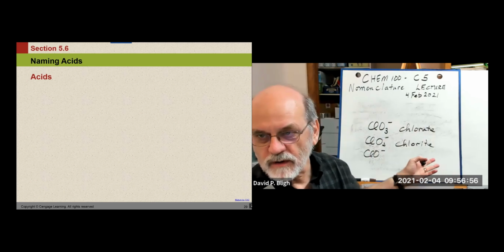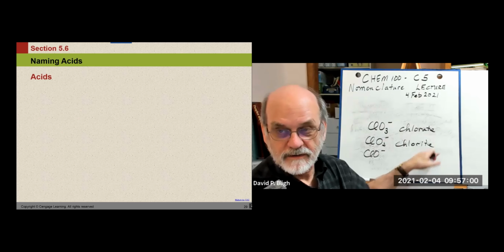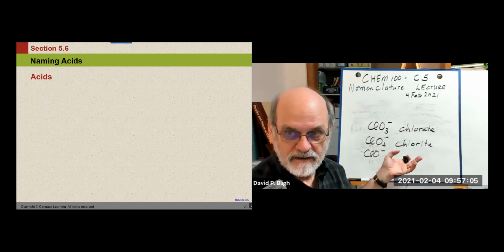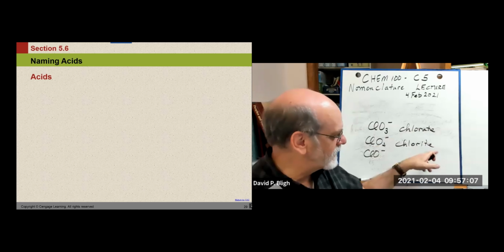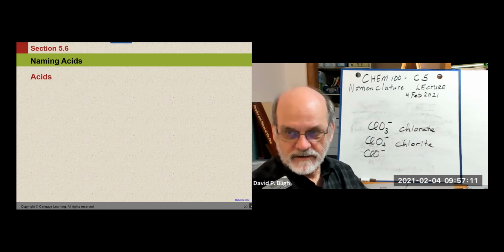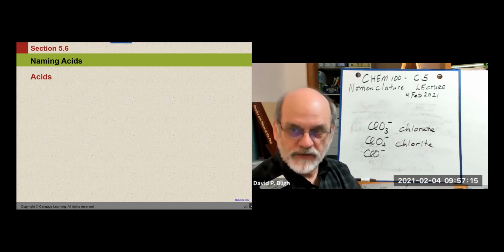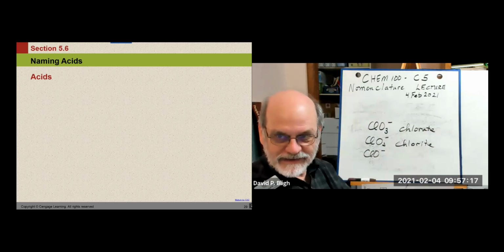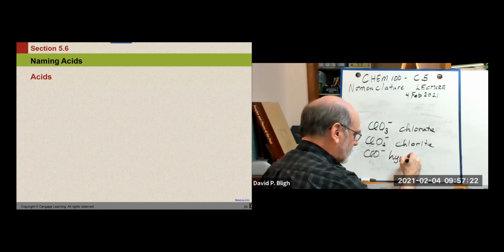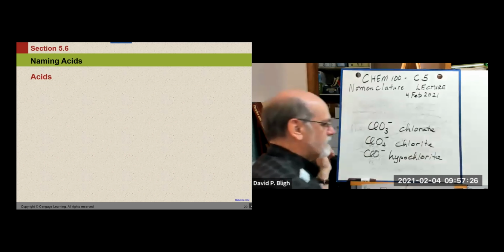We don't have any more suffixes that we can use. Ate and ite is all there is. So now we need a prefix. So we want to go less than ite. One less. So we use a medical prefix, hypo, like hypodermic, under the skin. We're going under ite. Hypochlorite.